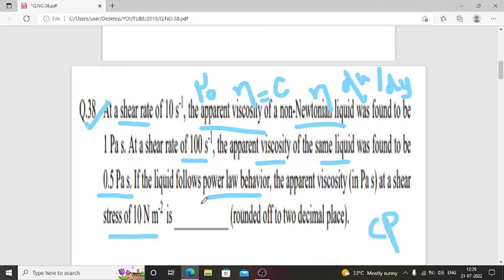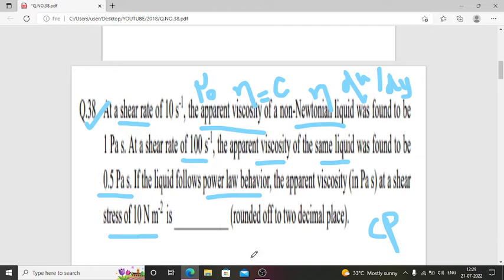If the liquid follows power law behavior: the power law is the simplest model that approximates the behavior of a non-Newtonian fluid. The limitation of this law is that it is valid over only a limited range of shear rate, that is du by dy.